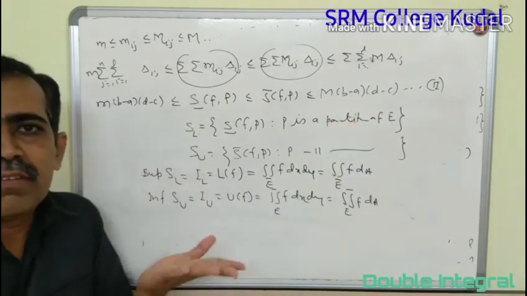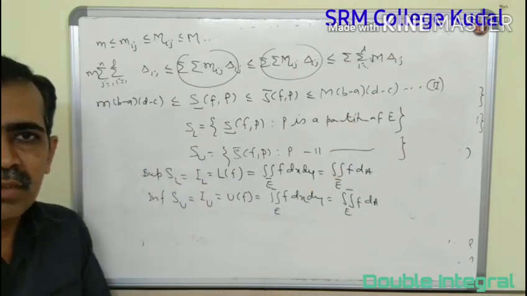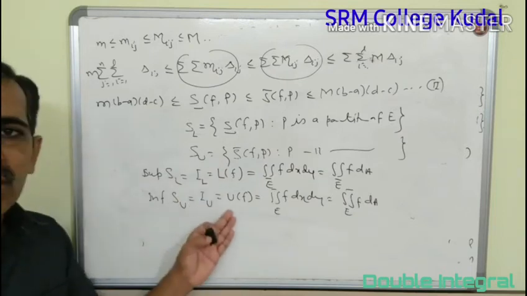every lower sum is always less than or equal to the upper sum. So the lower integral will be less than or equal to the upper integral.